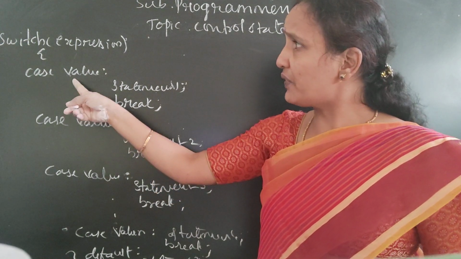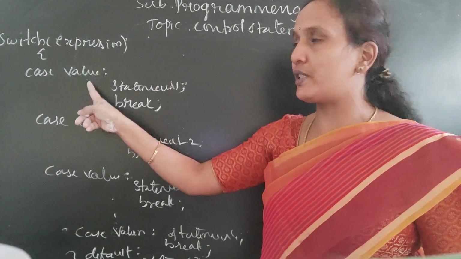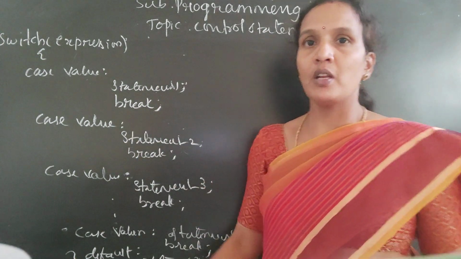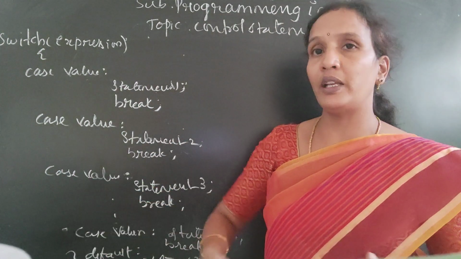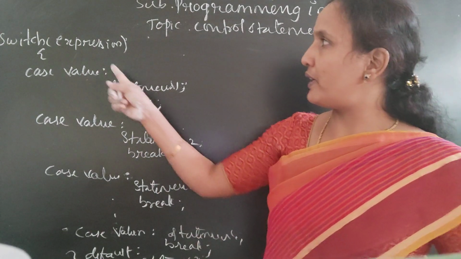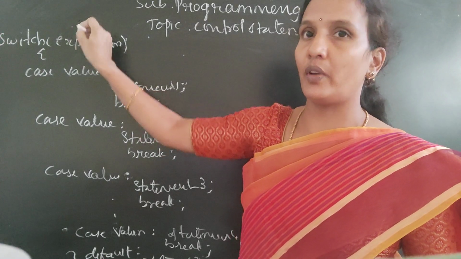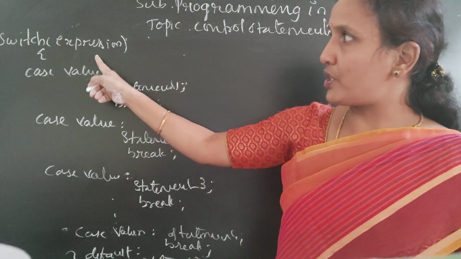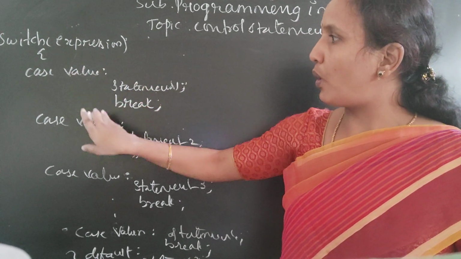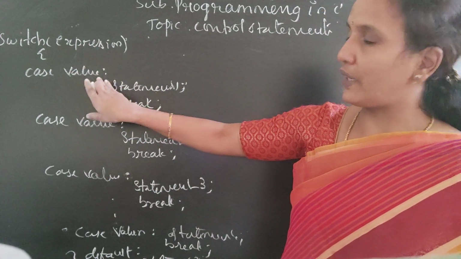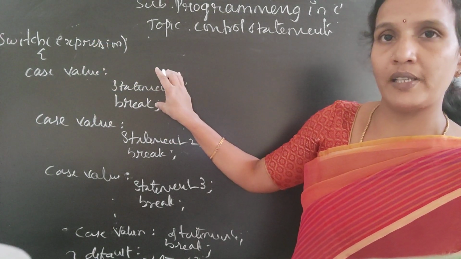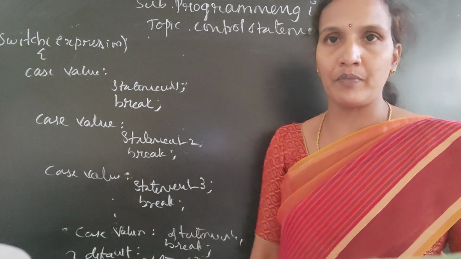If a case value matches the expression result, that block will be executed and the remaining will be skipped. Like this, in one program you can implement n number of cases. This expression value is compared with all the case values, and whichever case value matches, that block will be executed and the remaining will be skipped.